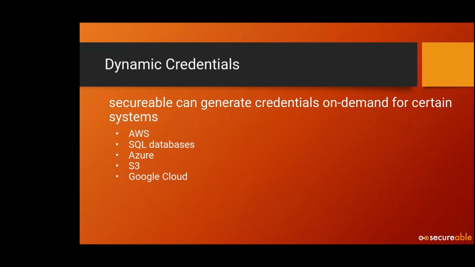So just by logging on to SECURABLE using my Active Directory or using the username or password, I can generate the information I need to access AWS or Rabbit or anything like that. And that's again based down to policies and groups.